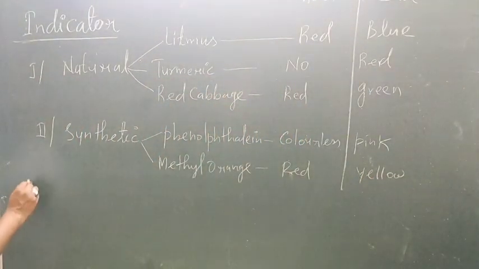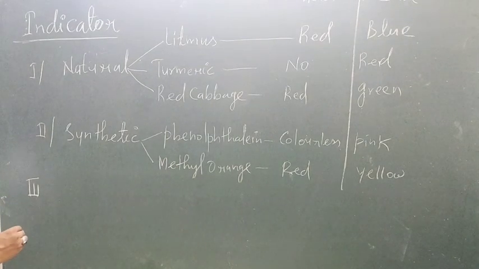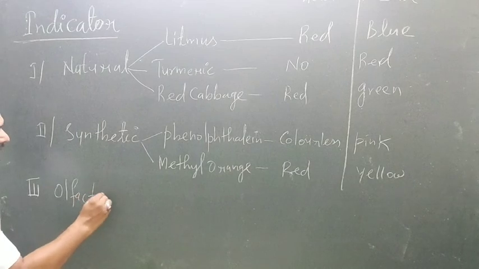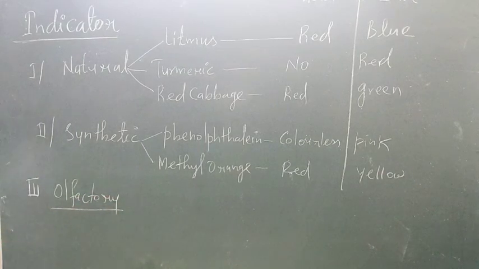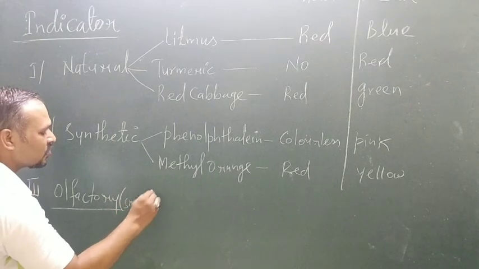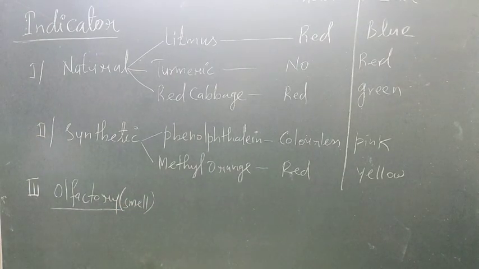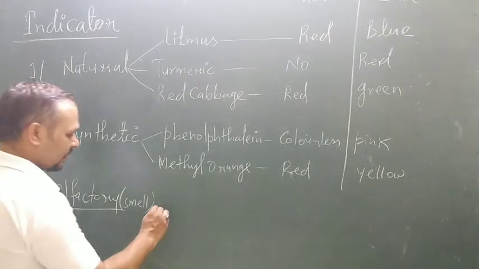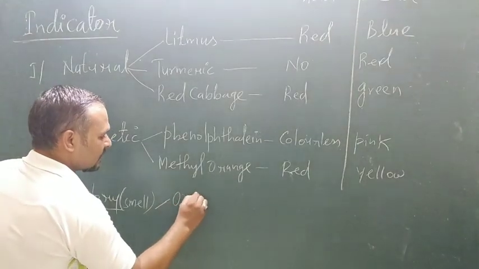The next category of indicator is olfactory indicator. Olfactory indicator means an indicator which gives different smell in acid or bases, right? There are three. The first one is onion.